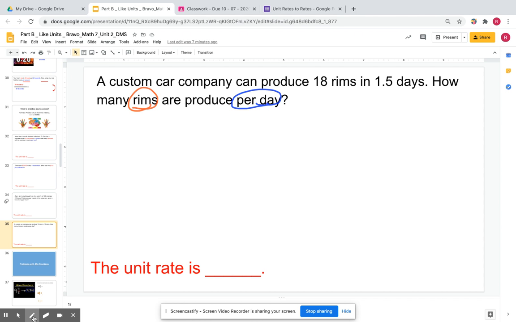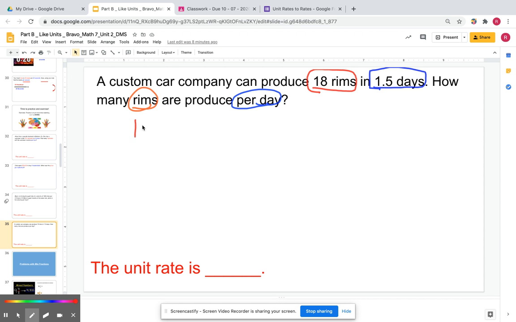Okay, great. Now the next question for you guys is, what are we finding? Actually, I apologize. The next question is, what is given? Well, it's given that you have 18 rims in 1.5 days. So the next step is to create your rate, because this is actually the rate that the rims are being produced.